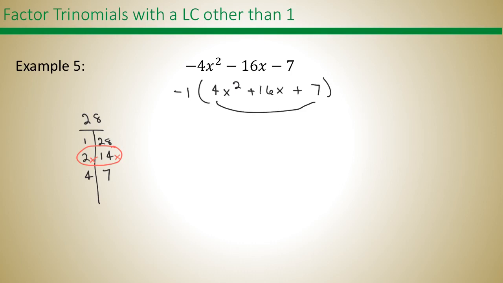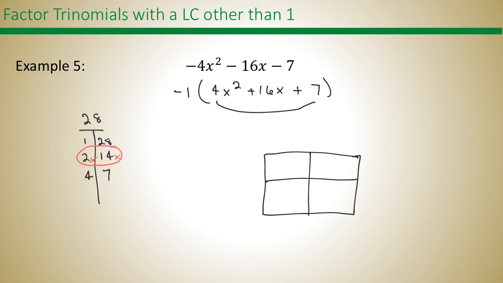So again, draw a box. Okay, so top left will be 4x squared, bottom right is 7, and then the other two will be 2x and 14x, okay?